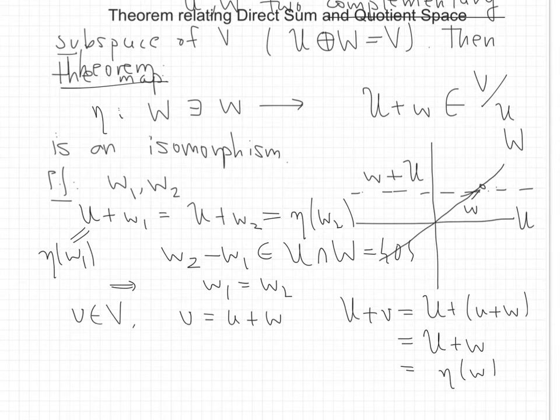And this precisely shows that our map eta is onto. And this proves that this natural map from the subspace W to the quotient space is an isomorphism.